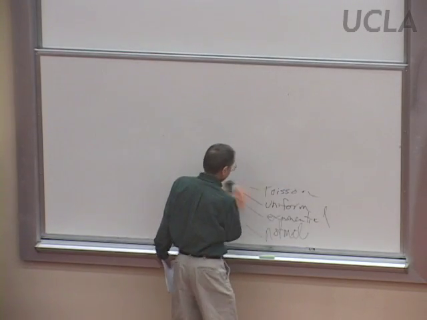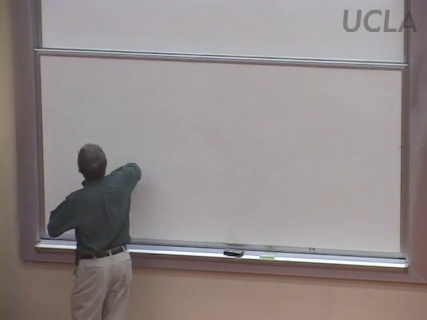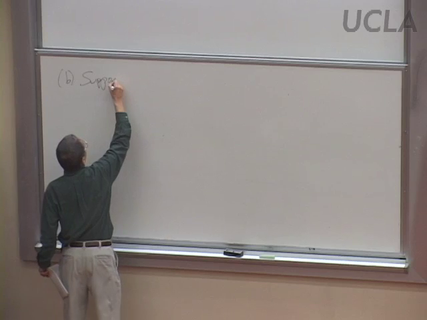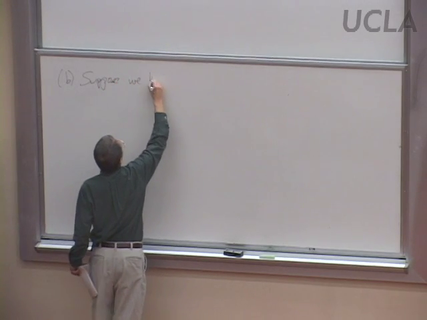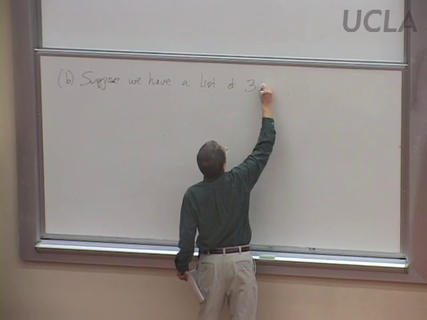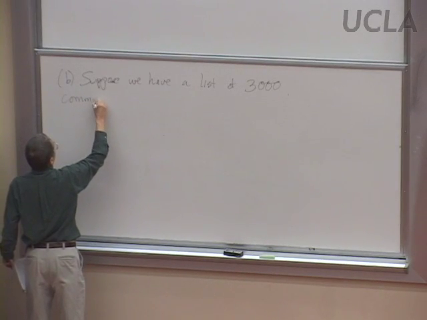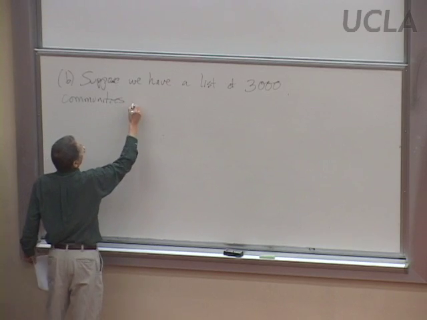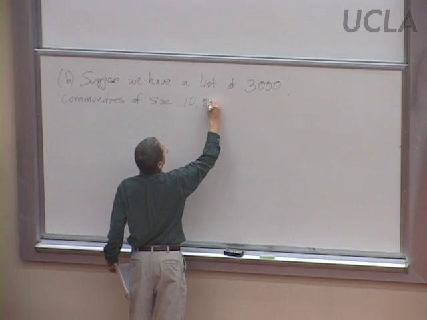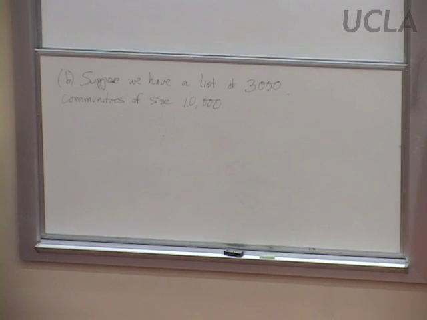California has a lot of communities of size 10,000. Suppose we have a list, say of 3,000 communities, each of population 10,000. But, non-overlapping.